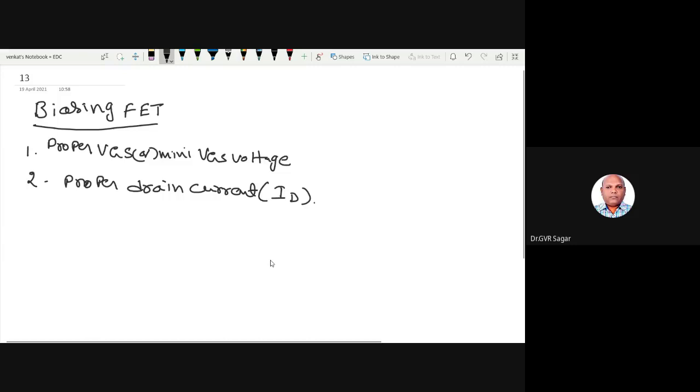So for proper functioning of a JFET or any FET amplifier, it is necessary to maintain the Q point at the center of the pinch-off region. So this is the curve, right? From here to here, this is the pinch-off region.